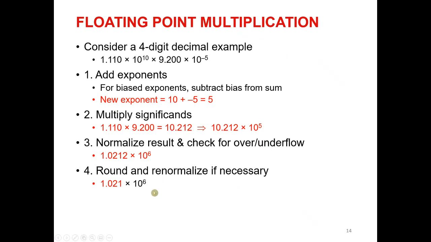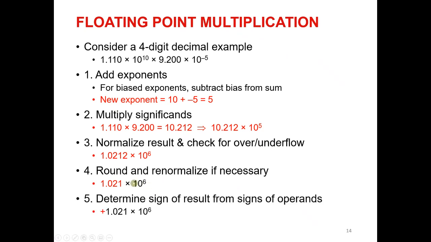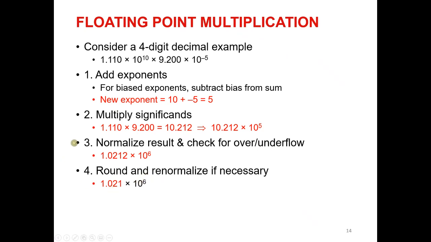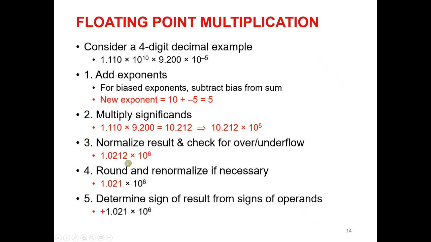If it were necessary to renormalize it again, we would just go to step 3. In this case, it's okay. So now we are going to determine the sign. In a multiplication, this method says that if the signs of the digits we are going to multiply are the same, the sign is positive.